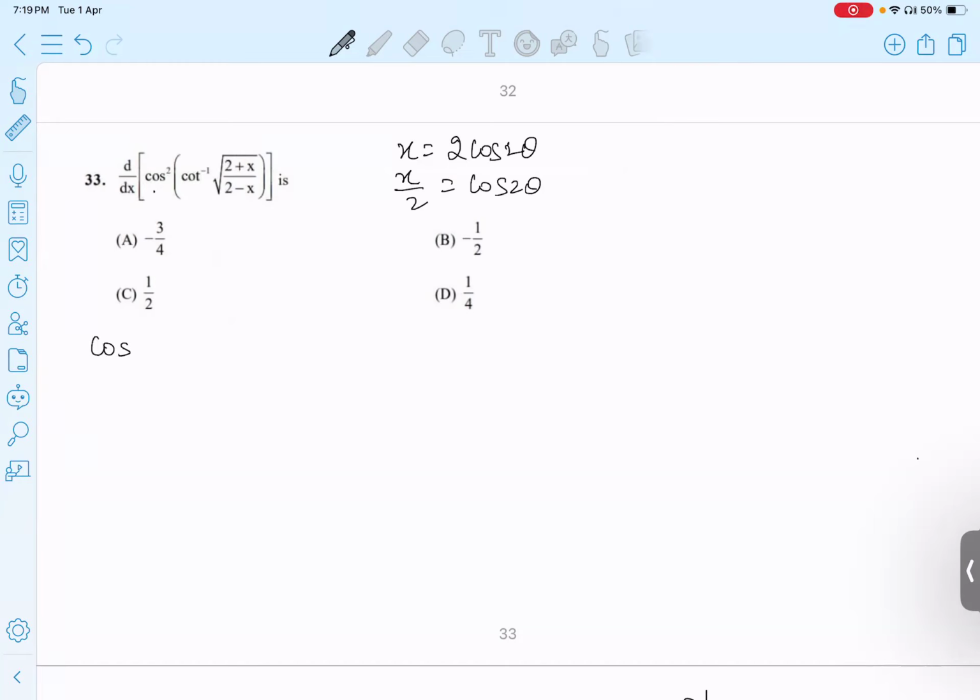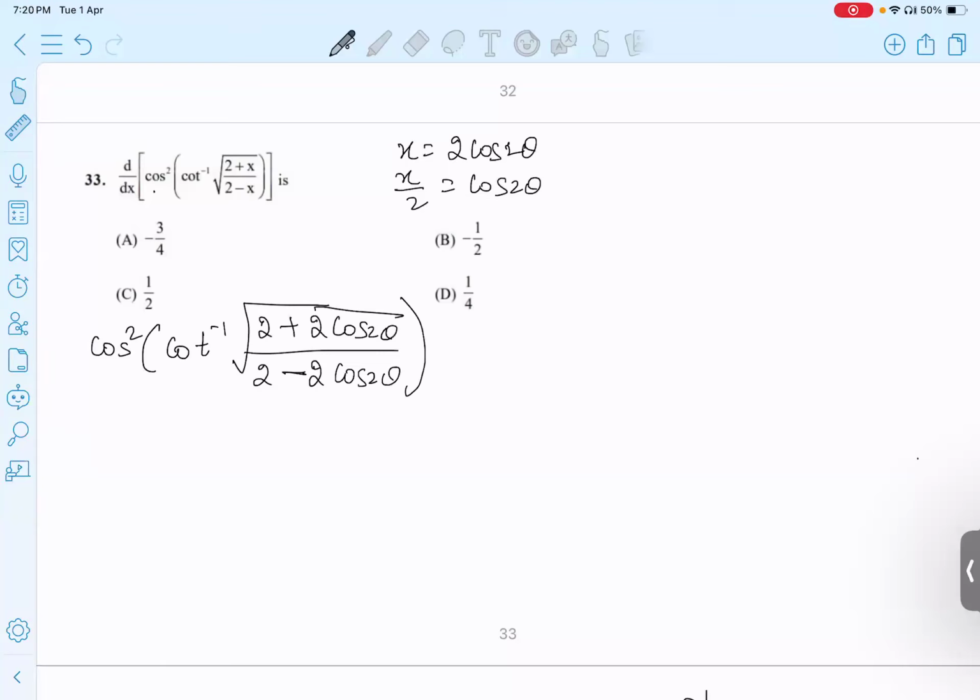So what happens to the given question? Cos square, cot inverse, inside this root, 2 plus x is 2 plus 2 cos 2 theta. 2 minus x is 2 minus 2 cos 2 theta, again, but there is a minus sign. Okay. Now recall, students.